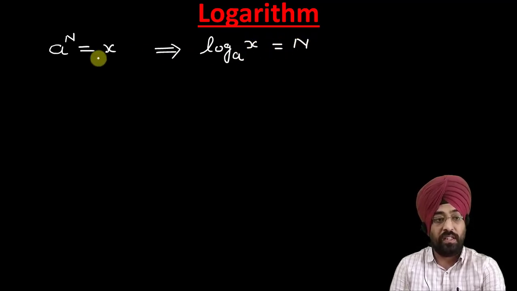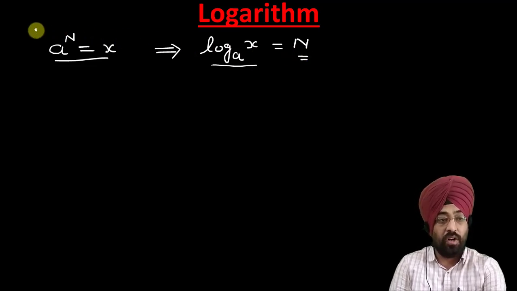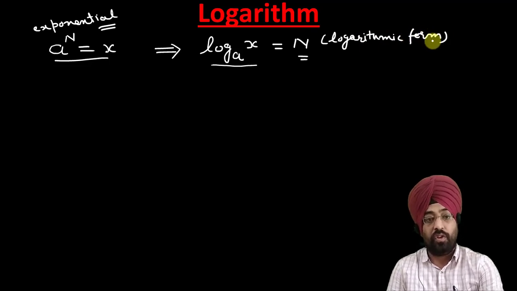Now both these relations, a raised to the power n is equal to x and log of x with base a is equal to n, are the same relation. This is called the exponential relation or exponential form, and this is called the logarithmic form of the same relation.